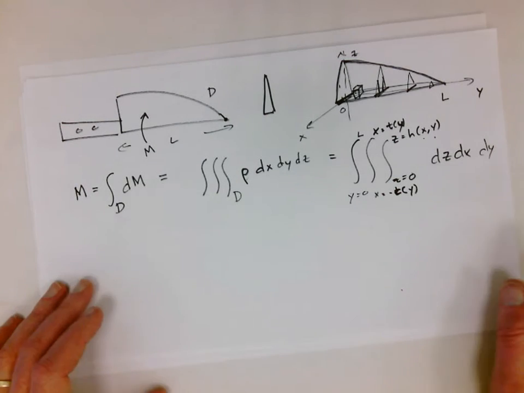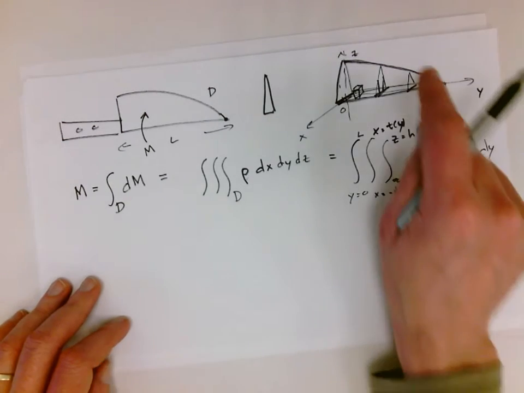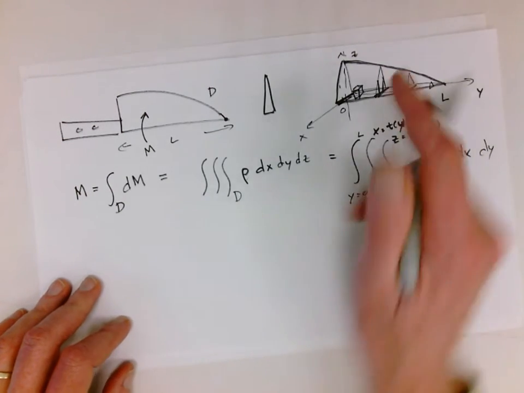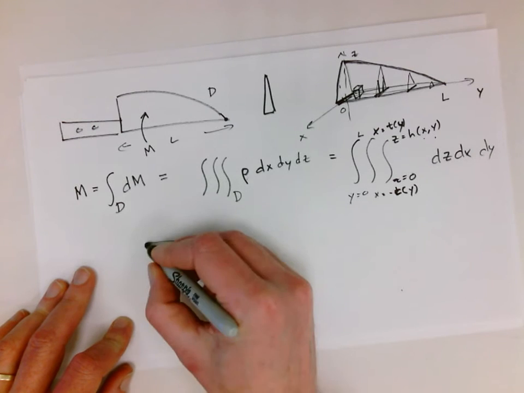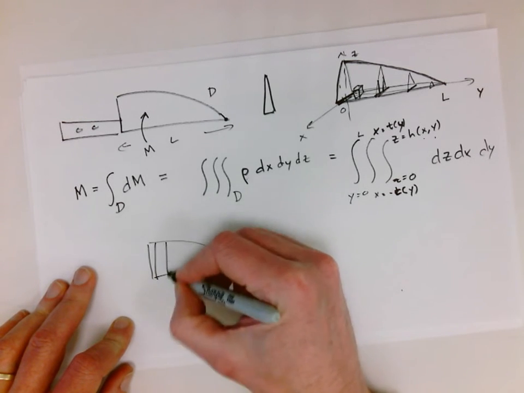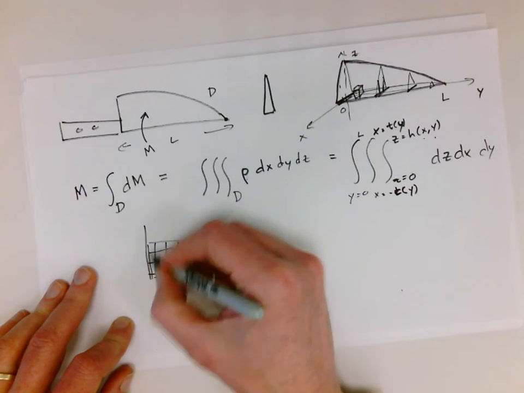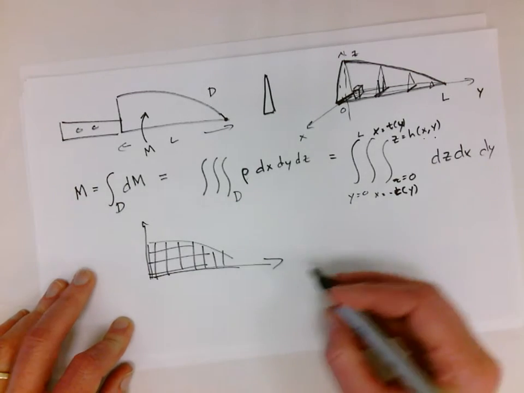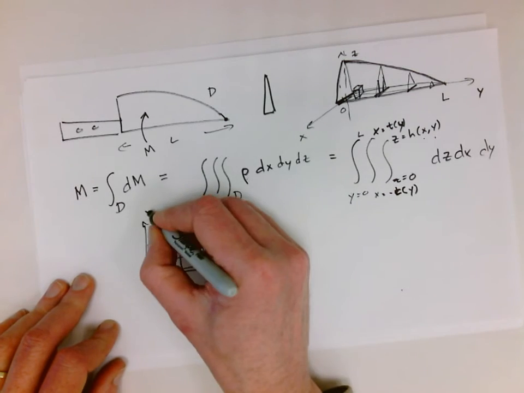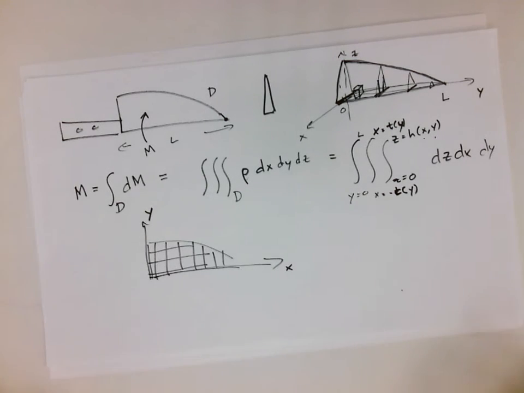Another way that I could think about it is to say, you know what, I'm going to think about this not as a three-dimensional domain, but as a two-dimensional domain. So here's my two-dimensional domain, which is only defined in, say, x and y. So I've just changed my coordinate system.